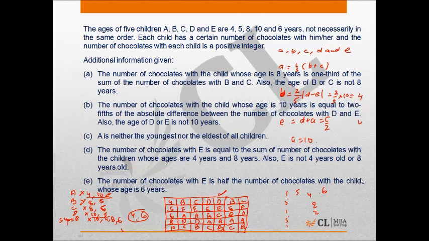The ratio of ages of C and E in the first case is 10 is to 5.